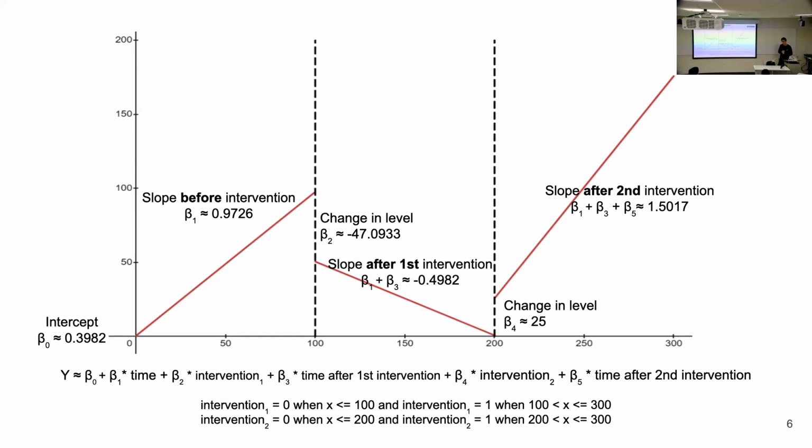Right. So how would that impact the parameters that we have? My understanding is if intervention 2 is a replacement of intervention 1, then the number here should be 0 after 200. That makes sense.